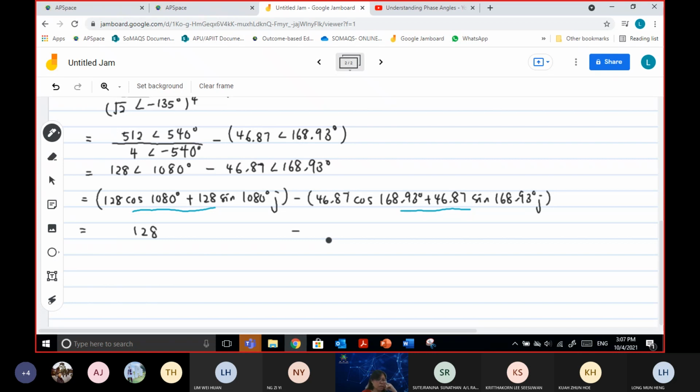Okay, so Sutesh gets negative 46 plus 8.999J. If you correct to 3 decimal places it will be 8.999.